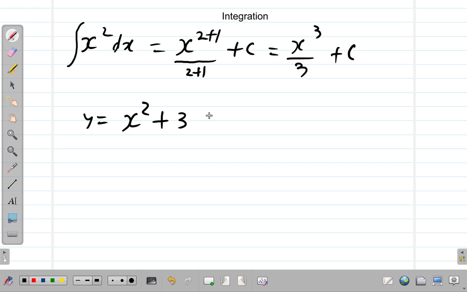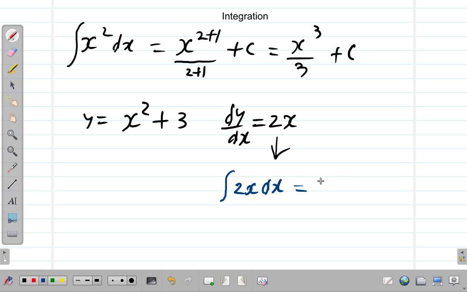What is dy by dx? dy by dx is equal to, it would be 2x. Just like that. 2x. Good. Now, let's take 2x and integrate it. We're going to integrate 2x dx.